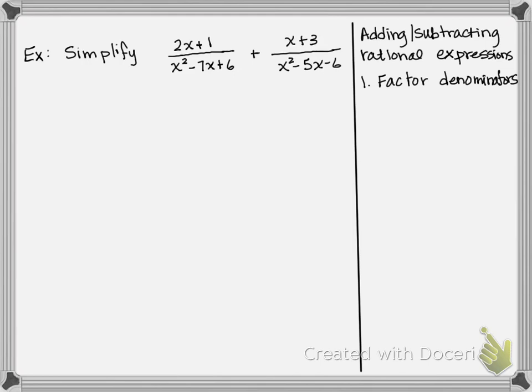If you were doing this on homework and you didn't have me here to do it for you, you would go over to some other part of the page and do your factorization, your whole AC method. In the interest of time, I'm just going to factor these.